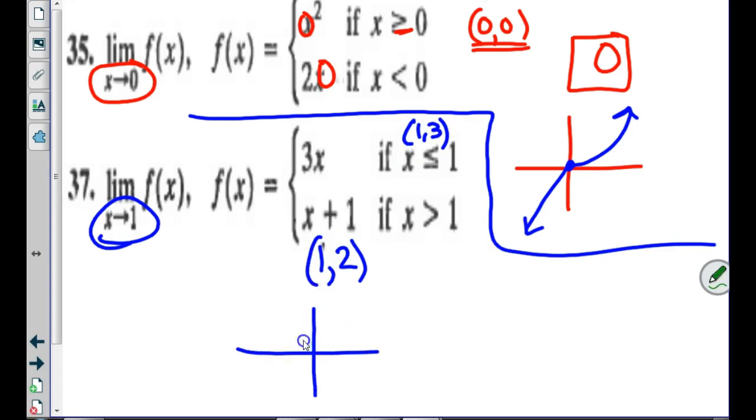If I were to graph that one, it would start at 1, 3 and go up, and this one would start at 1, 2 with an open circle, and it would be going up, but it's to the left. We have a positive slope, but it would go back that way. It's not that steep, but you get the idea. At 1, it's jumping, so this does not exist. Again, no piecewise on the final, but it's good to talk about.